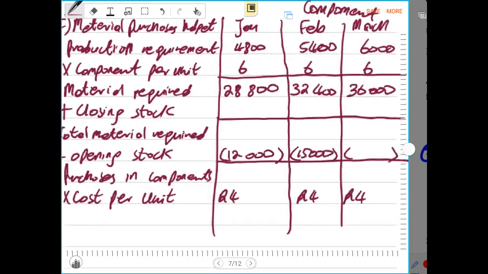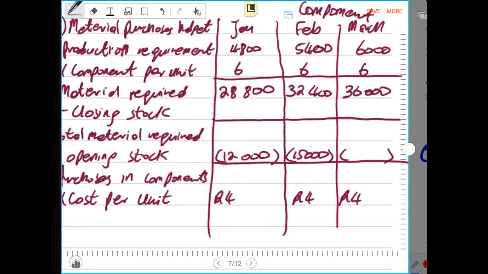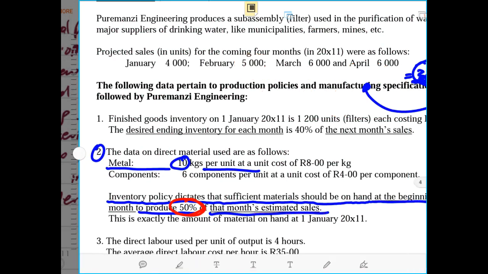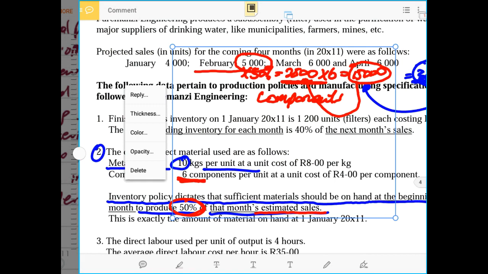So now we go to the month of March, and we know that the opening of the month of February is the closing of the month of January. Now in the month of March, the same principle, guys, will apply. We need 50% of this.